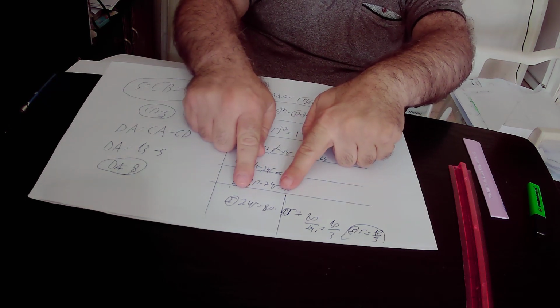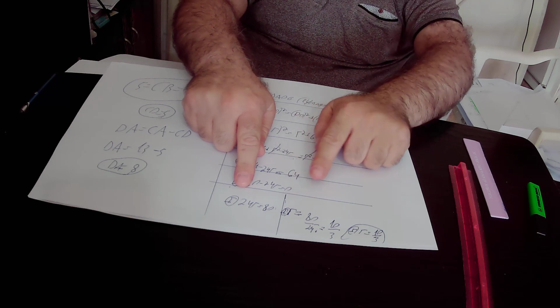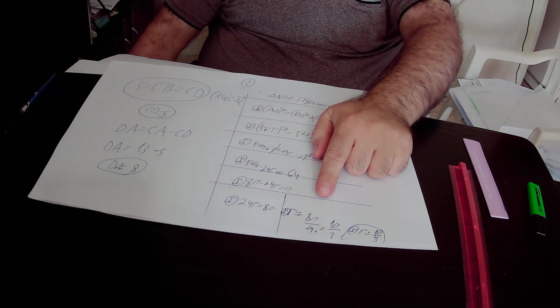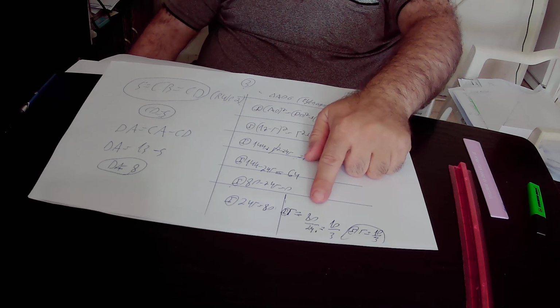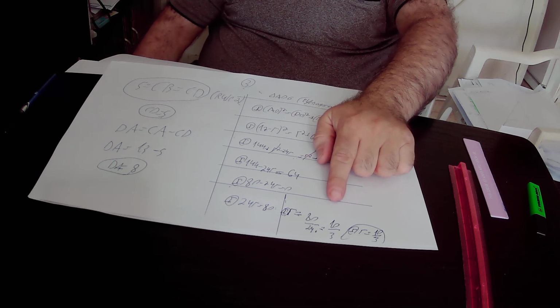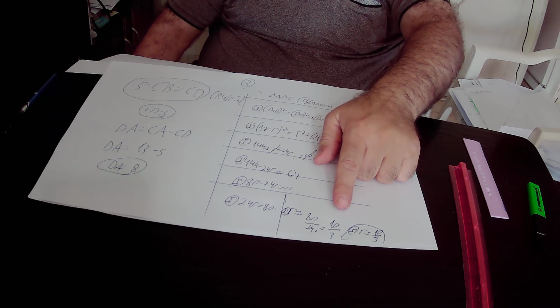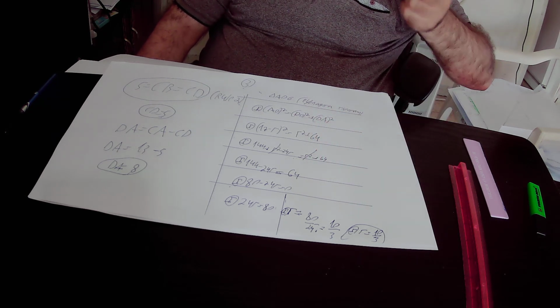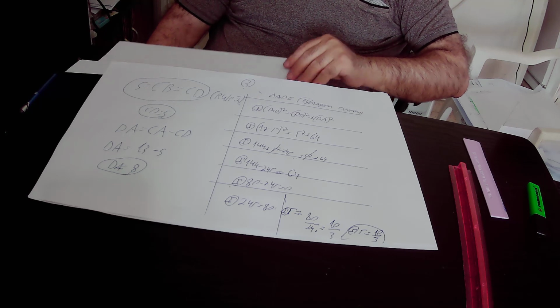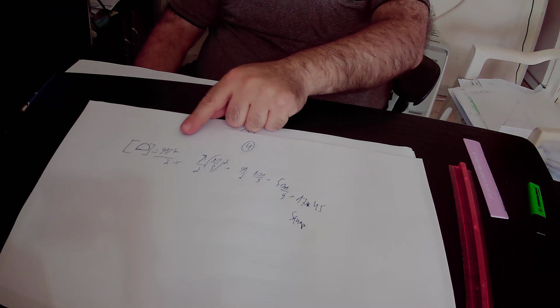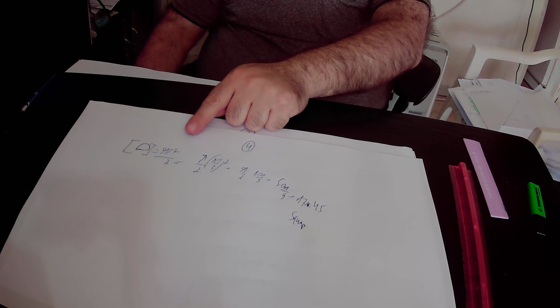Then we divided this equation by 24, and we got that R equals 80 over 24. We divided both the numerator and the denominator by 8, and we got that 80 over 8 is 10, and 24 over 8 is 3. So in conclusion, we found out that the radius of the semicircle equals 10 over 3 units, and therefore the area of the semicircle equals pi r squared over 2.